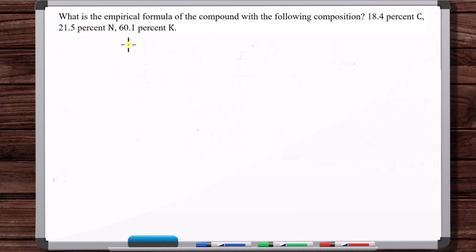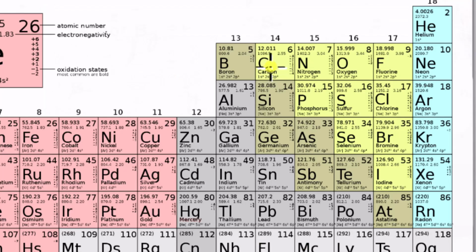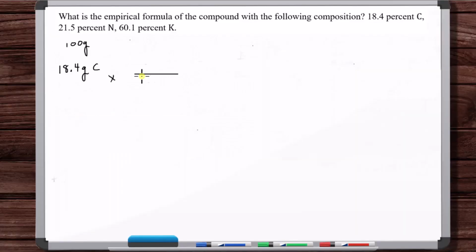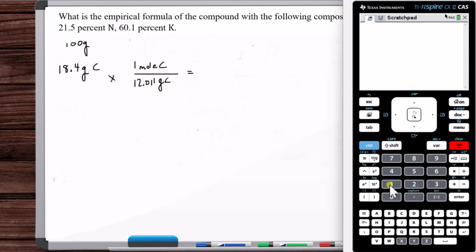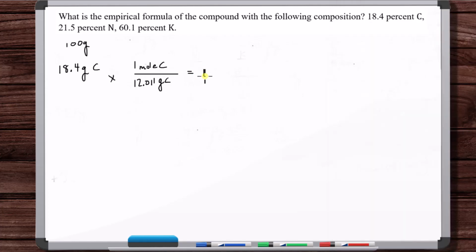So we assume we've got 100 grams of whatever this is. So that means we've got 18.4 grams of carbon, and we want moles. So 12.011 grams per mole. That gives 1.53 moles of carbon. Okay.